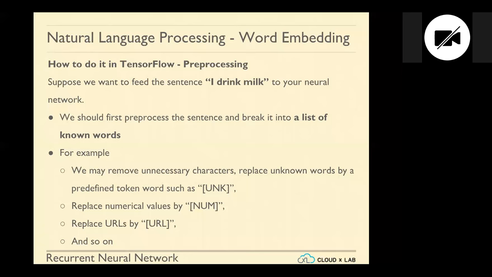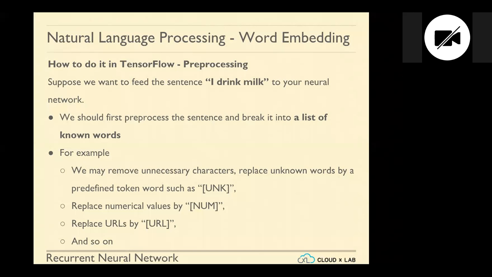Suppose we want to feed the sentence "I drink milk" to the neural network. We should first pre-process the sentence and break it into a list of known words. This is an important part because this technique is what you will be using in many other circumstances. So you will take the sentence and break it into a list of known words.